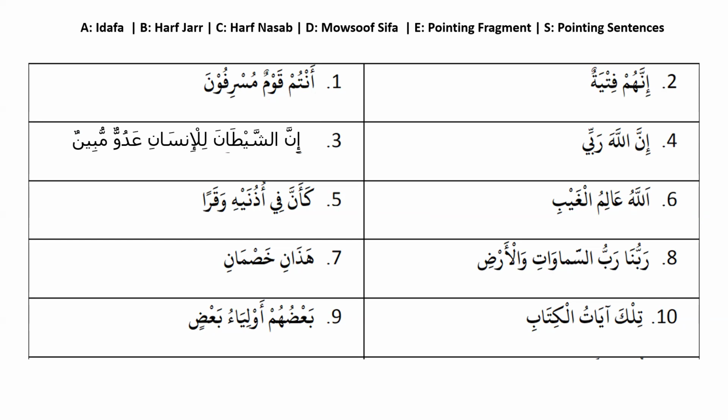So antum, kaumun. What does kaumun mean? Nation. Okay. And musrifuna, plural and rafa status. Is there any fragment between antum and kaumun? Is it a mudaf or mudaf ilayh?